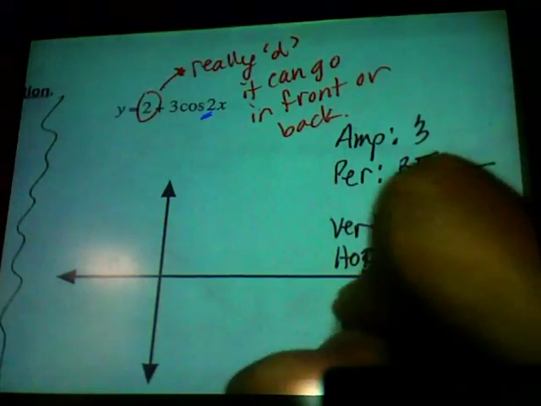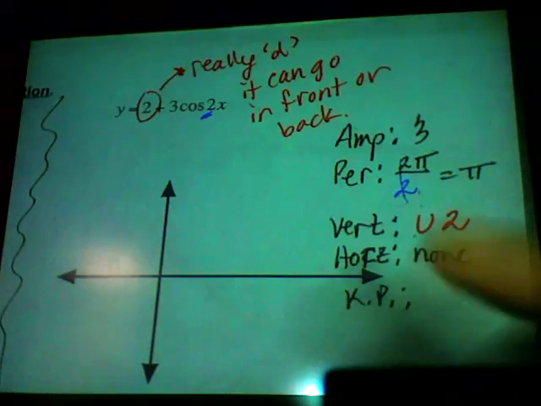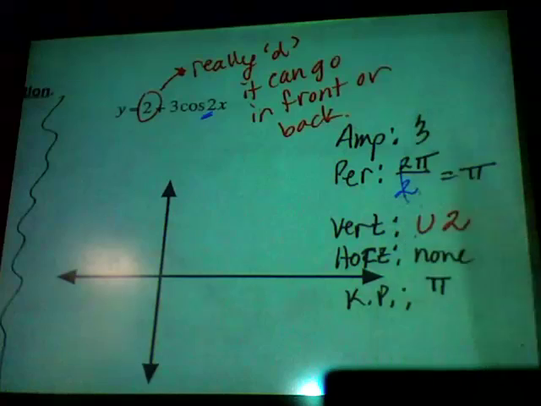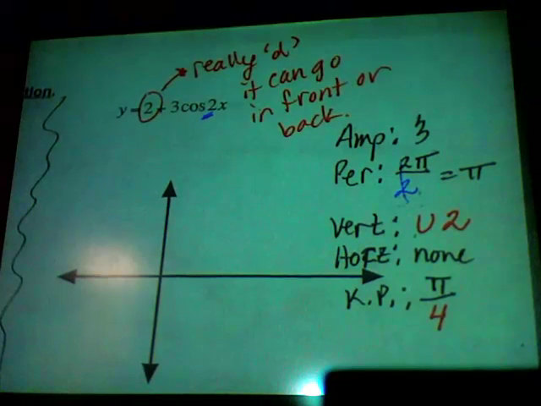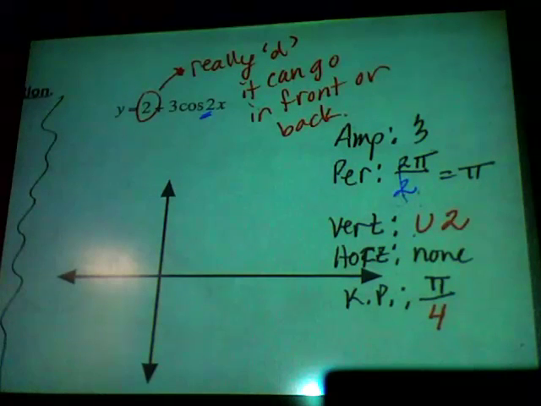All right, now let's concentrate on our key points. This is easy. Take your period. What's your period? Pi. Divide it always by 4. So that means we're going to count by pi over 4. Since we had no horizontal shift, that means that we're going to start with 0.